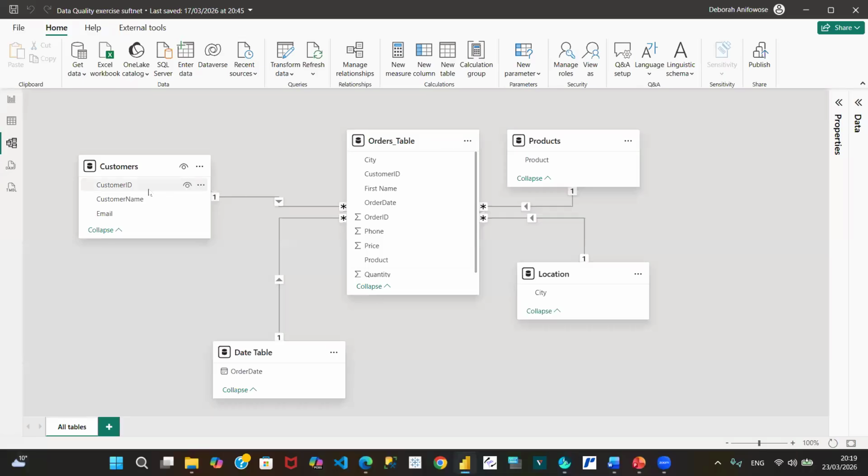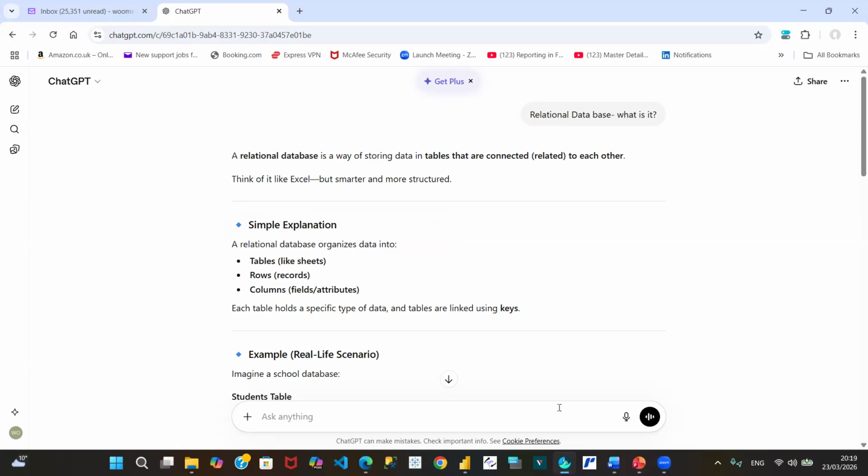We see there's a relationship between customers and orders, between products and orders, between location and orders, between date and orders. So they've got to be related. If there's no relationship, then we cannot be talking about a database being relational.